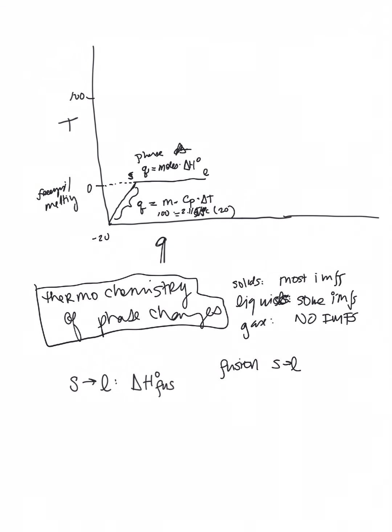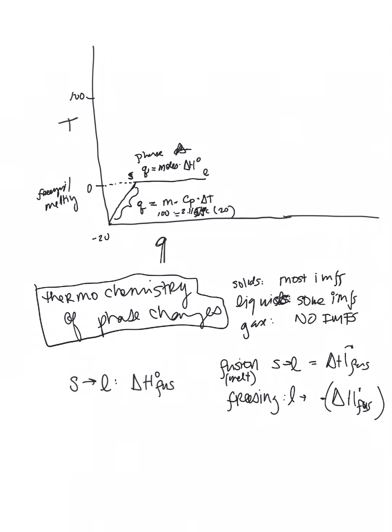Going the other way, you may also see that referred to as melting, and that is equal to the delta H of fusion. The process of freezing, going from liquid to solid, has the same value as the delta H of fusion, but the opposite sign.